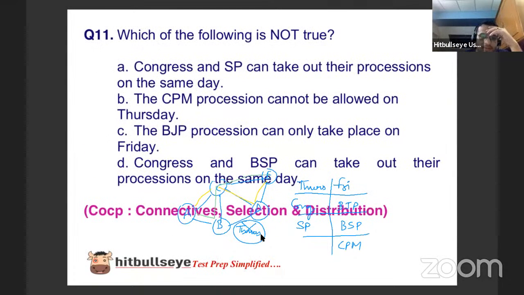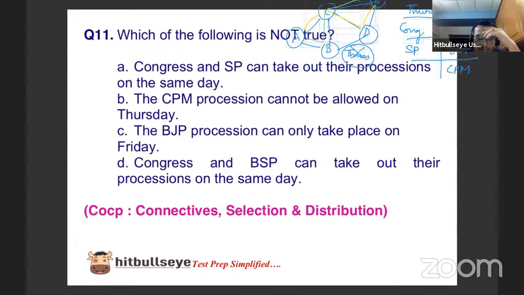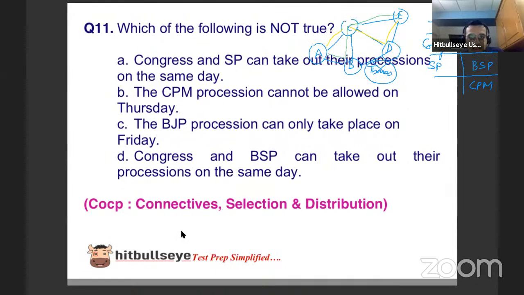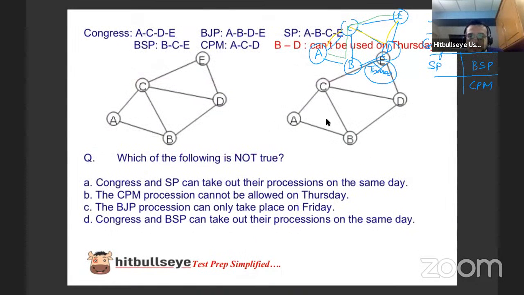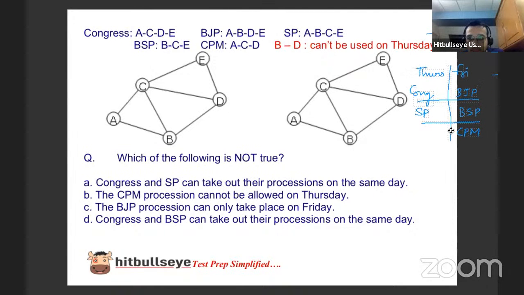Which of the following is not true? I will take it on the side. I think we have the diagram already for this. Now things will become very easy.